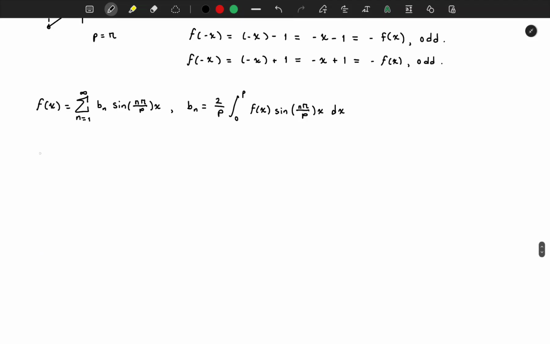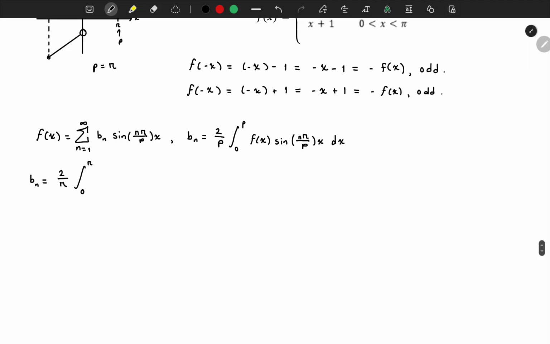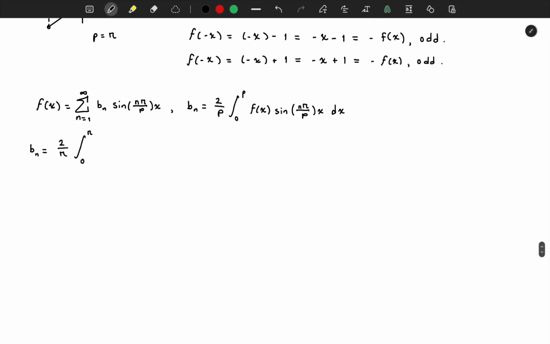So now we can start solving for b of n. b of n is equal to 2 over pi, the integral from 0 to pi of f of x, and our f of x in this interval from 0 to pi is x plus 1. So we'll write x plus 1, and then sine of n pi over pi x.